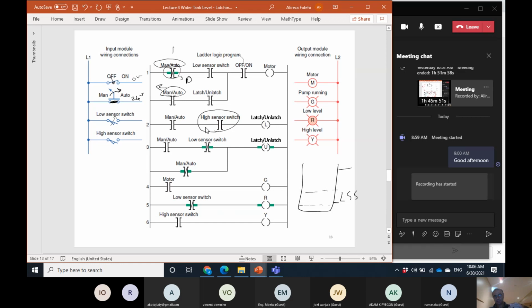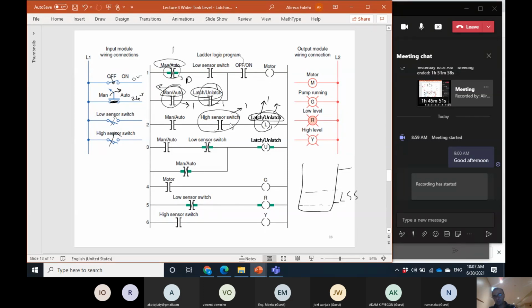So let's connect that to a latch coil. Then this becomes 1. So if the level reaches the high, this becomes 1, and as a result, this latches, and so this becomes 1. When this becomes 1, and we are in the auto mode, the motor turns on.